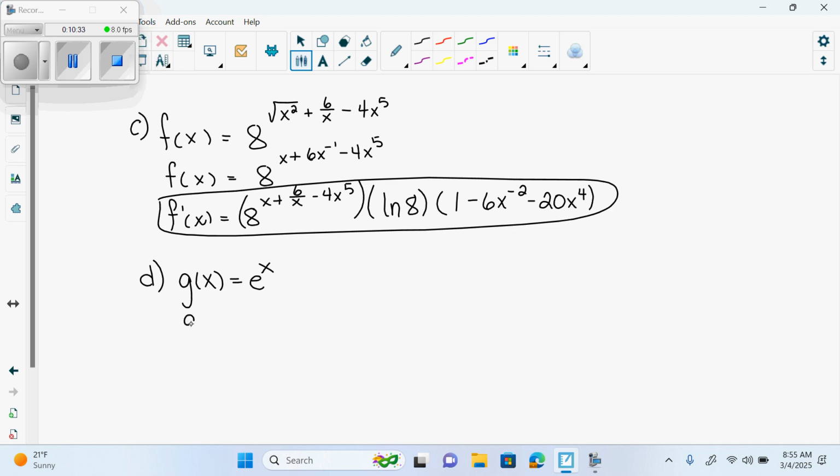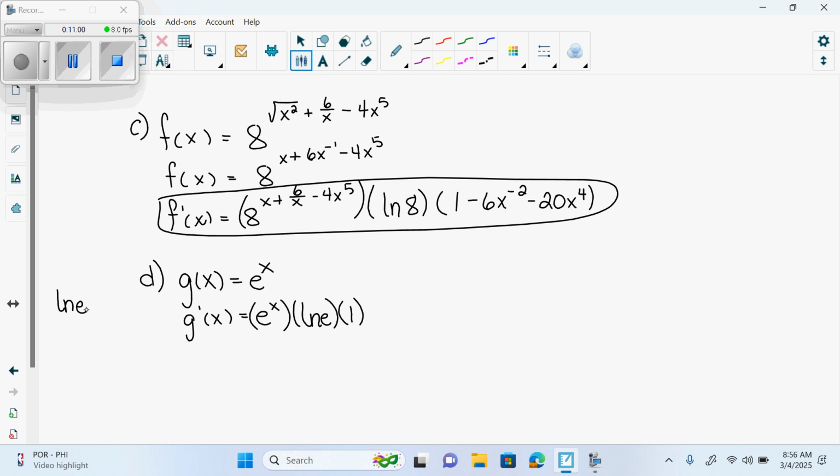So watch. G prime of x, the first step is to rewrite it. Ln the base, ln of e, and then the derivative of the exponent is 1. Now, please look over here. Ln of e is what?